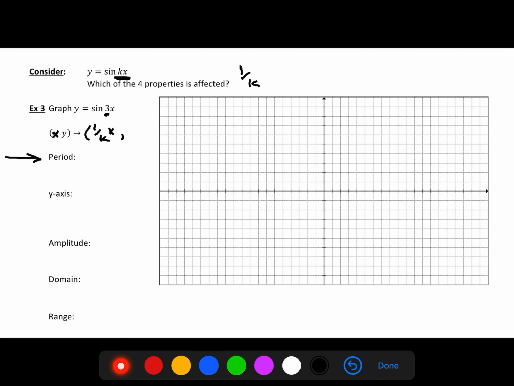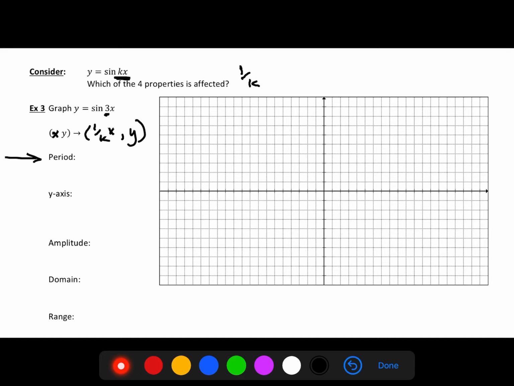So the 3 out front here is actually going to compress our graph. Opposite of what it does with the number for y out front, it is going to affect our x values.